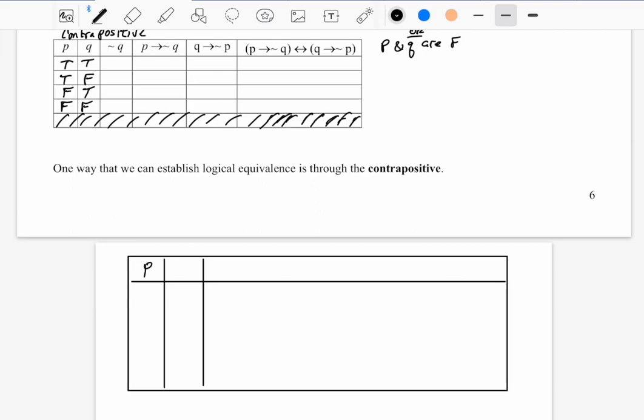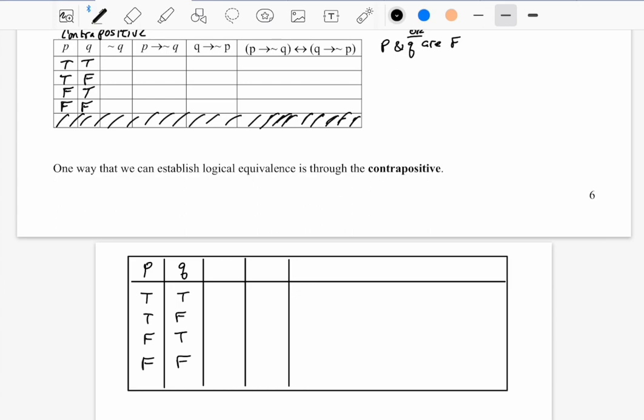All right, so P, then Q. So again, true, true, true, false, false, true, false, false. Now I want another column for not P and a column for not Q. The table's not always going to be made for you, so at least I can show you how to construct it.